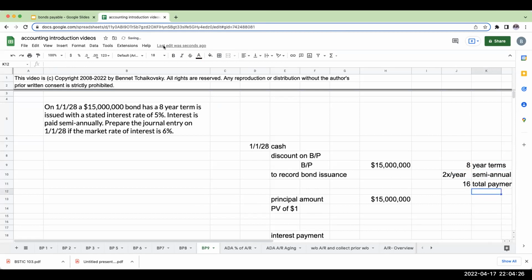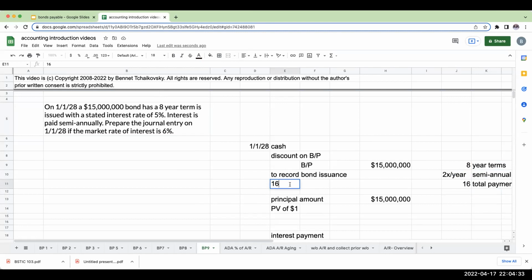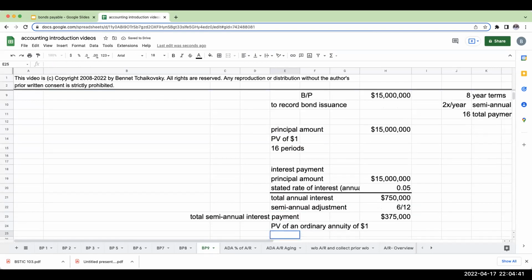It's an 8-year bond, and I'm making 2 payments per year for a total of 16 payments. So this is going to be 16 periods. And this will also be 16 periods because that's how many times I'm paying interest.